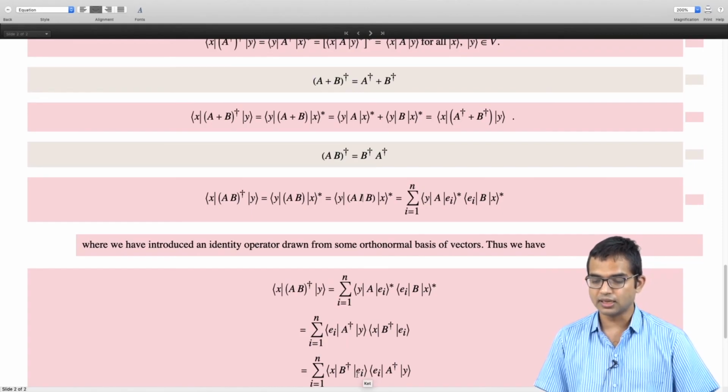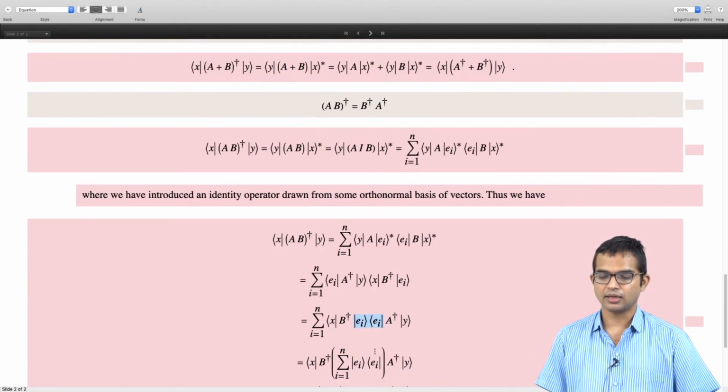And now you see that I have EI and EI, which appear in this nice form. All the summation is contained only in this central region, so I can bring the EI back in here, and I can think of this as the inner product of X B dagger, summation over I EI, A dagger Y. But what is this stuff inside the brackets?